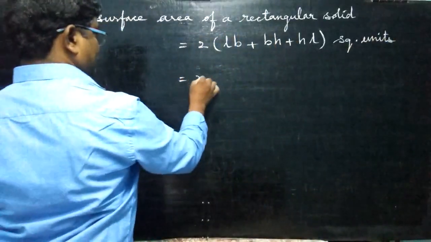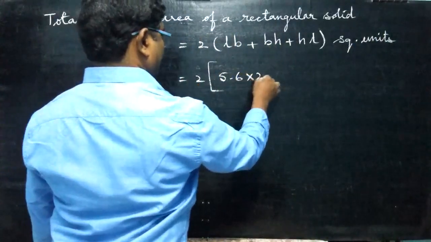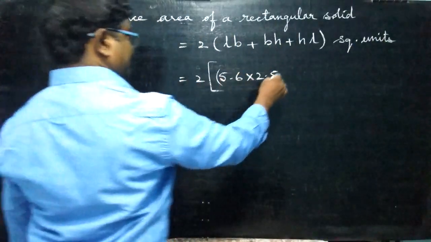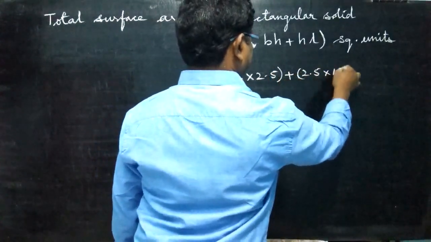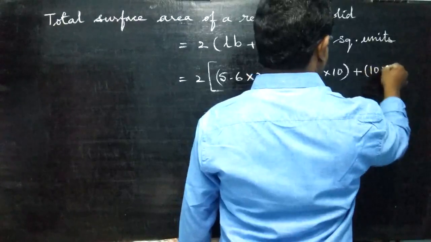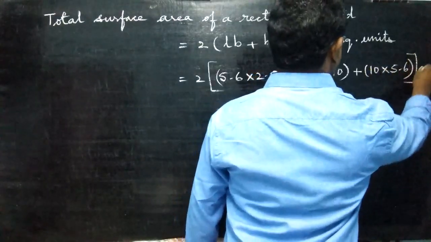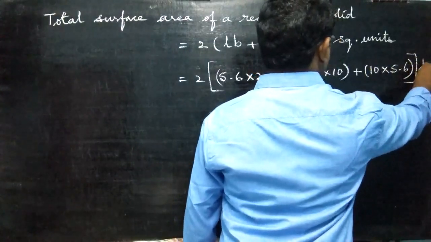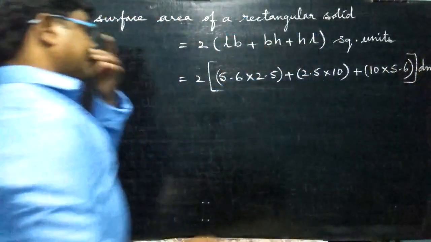That is equal to 2 into (5.6 into 2.5, plus 2.5 into 10, plus 10 into 5.6) decimeter square, because 2 times we are multiplying.